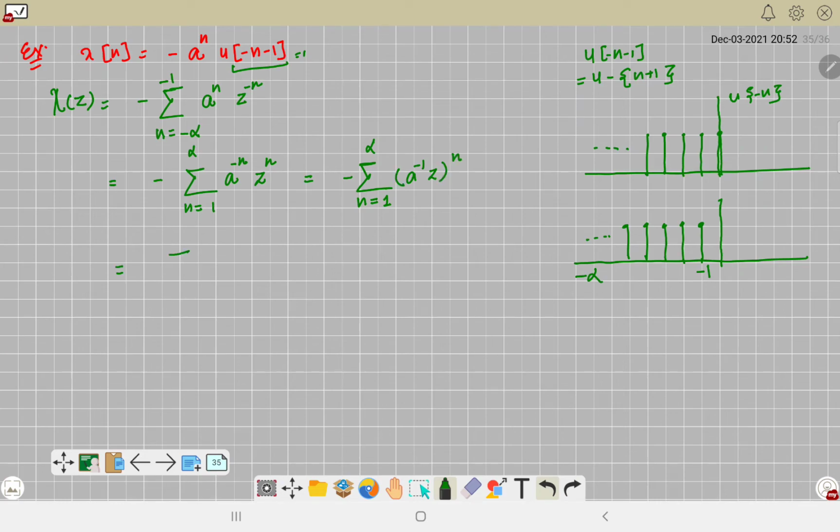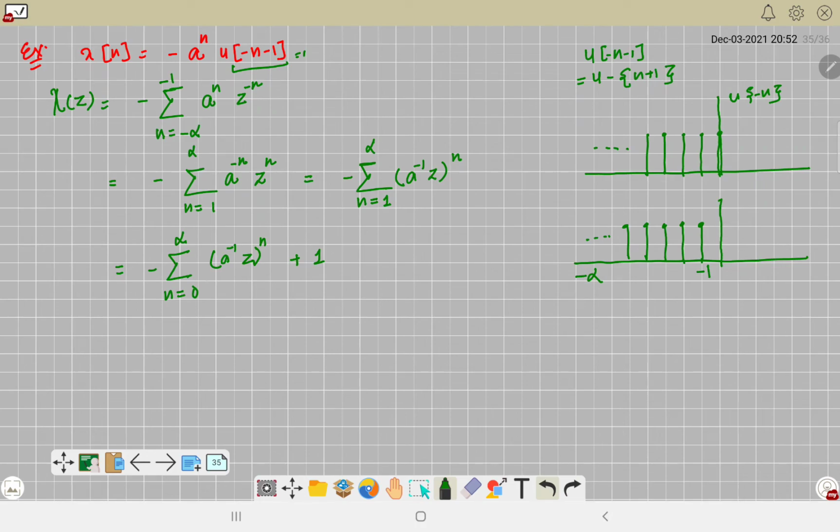But again, to adjust the limits, we can start from 0 to infinity of a to the minus 1 z, to the n, plus 1, right? Because for n equal to 0, this whole quantity will be unity.